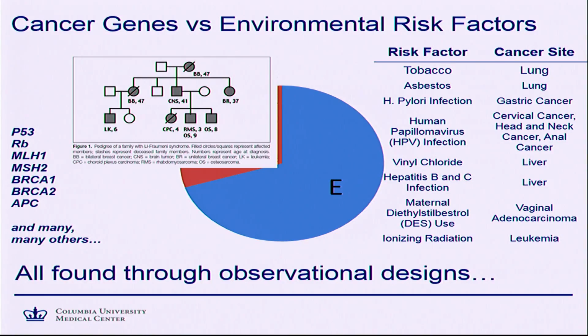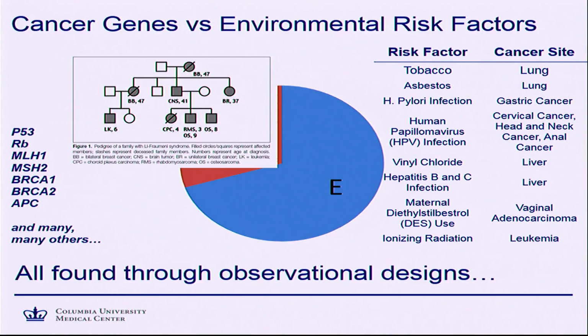And so what's of interest for the discussion generally, in thinking about the environment, is what we now know: there's really no false dichotomy anymore. The genes that have been found in family-based studies over time really are the same genes that are important for sporadic disease, if you will. Those genes may be mutated through somatic mutation, they may be altered through epigenetic mutations, but BRCA1 is important within families, and it's also important for many of the women who do not have a family history.